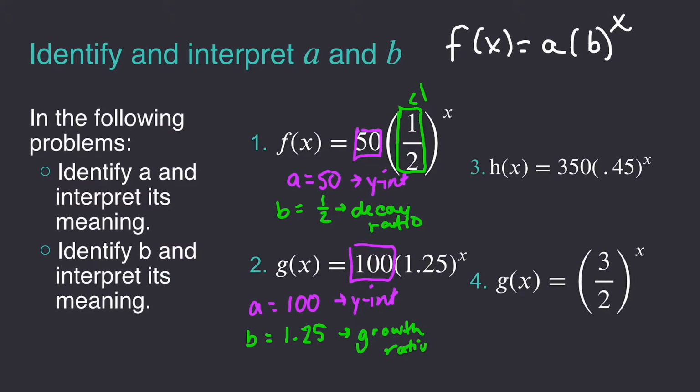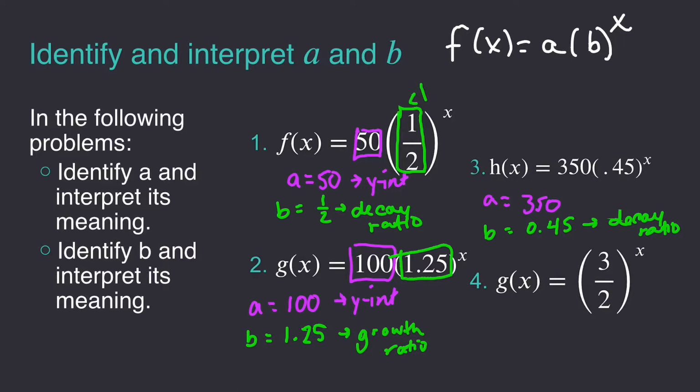All right, so I'm going to go ahead and ask you to pause this video here and work out the next 2 examples in your notes. Good. All right, so a is 350, and b is 0.45, which is a decay ratio.